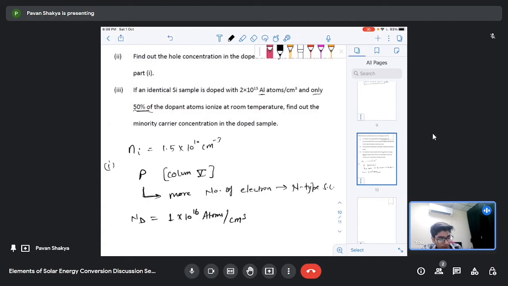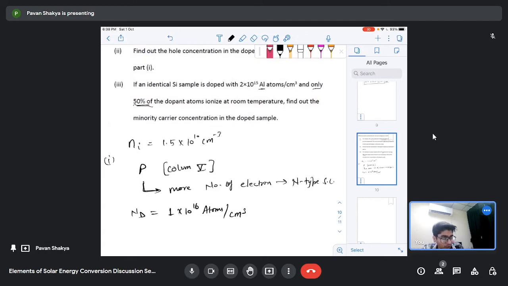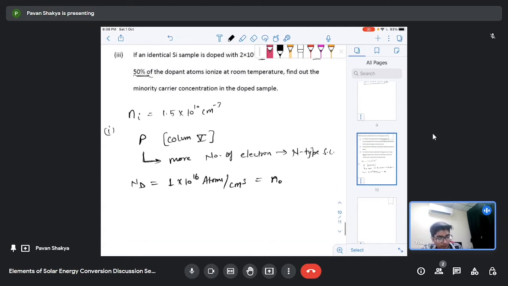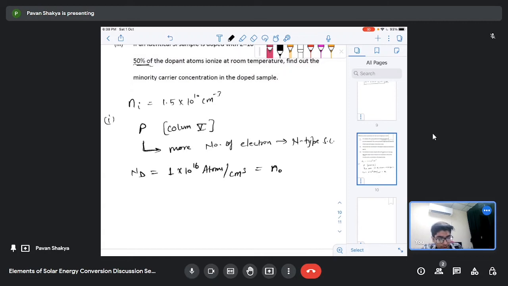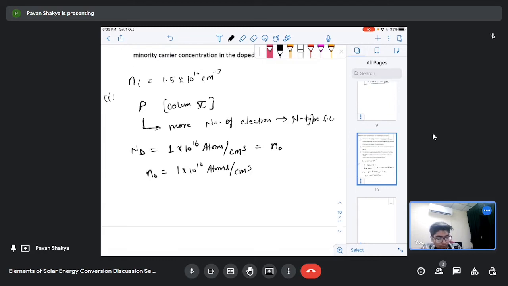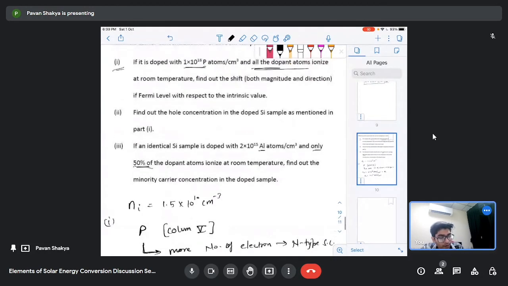So this doping value Nd will be equal to the concentration of the electron that we have denoted as n naught. So if we have the value for n naught, that is 1 into 10 to the power 16 atoms per centimeter cube, then we can calculate the shift of the Fermi level.